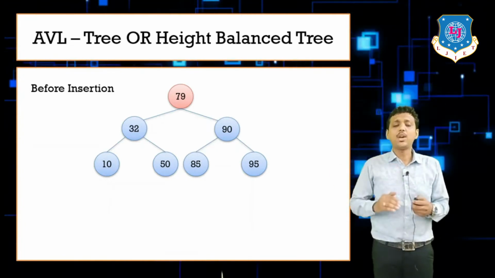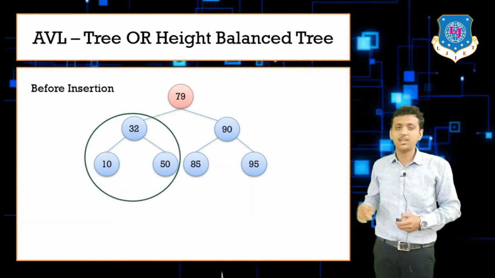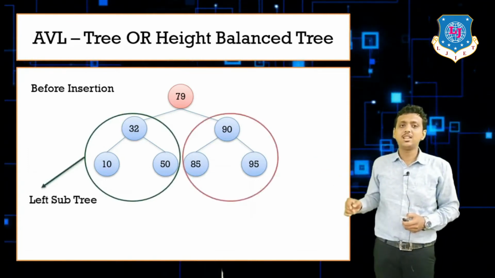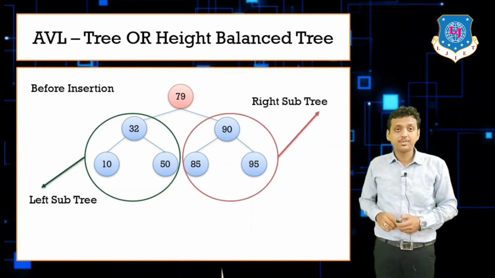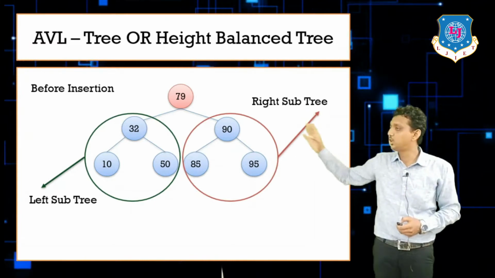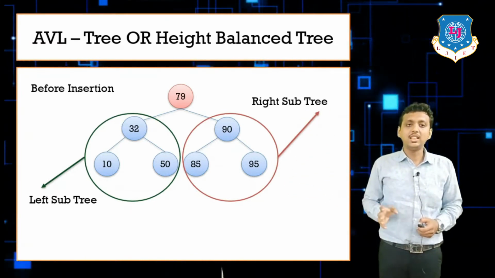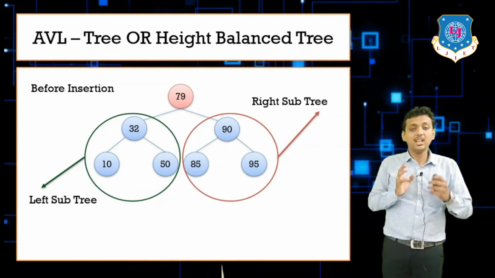This is my left subtree, students, and this is my right subtree. In the left subtree we have 32, 10 and 50. In the right subtree we have 90, 85 and 95.